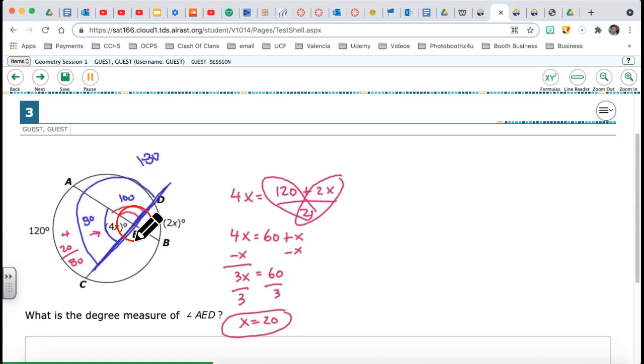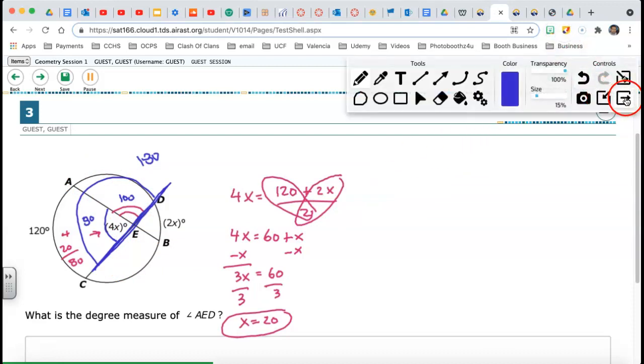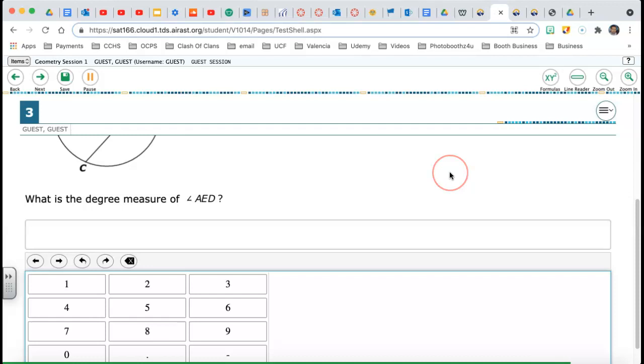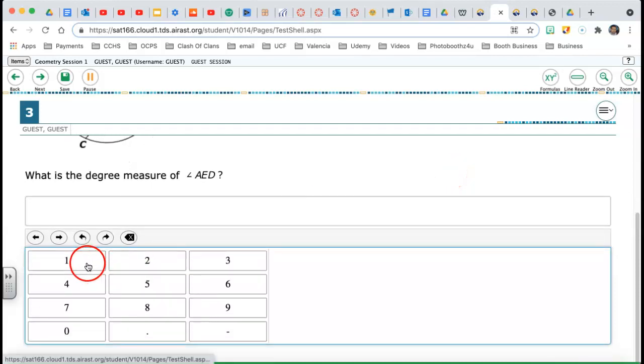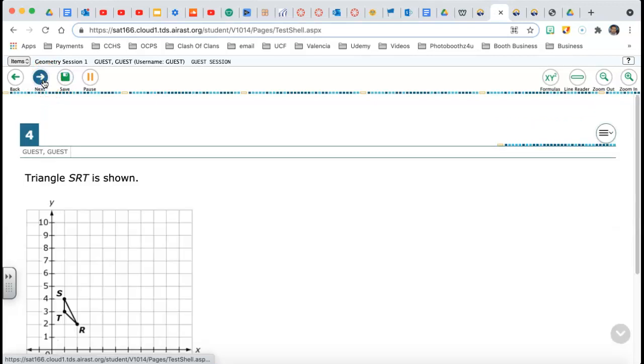So the angle they're asking me for, AED, is 100. Very nice. Let's scroll down, and the angle is 100. Enter. Move on.